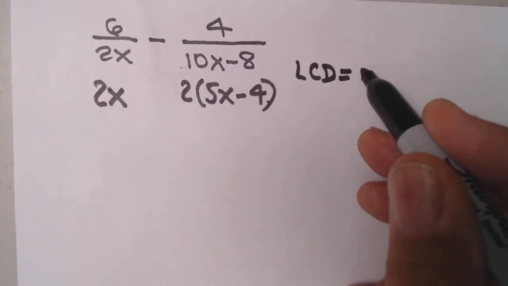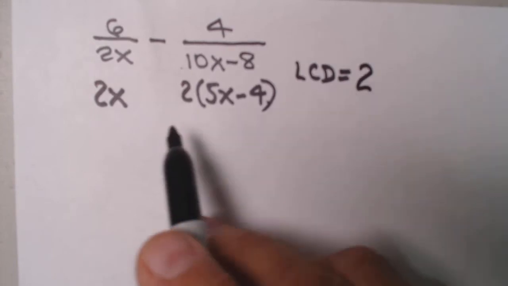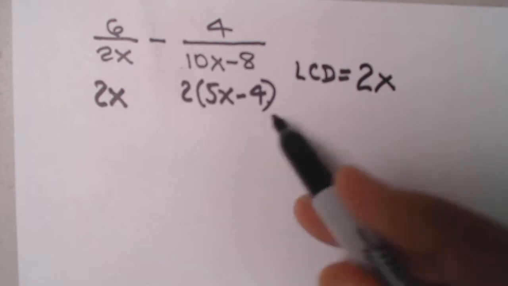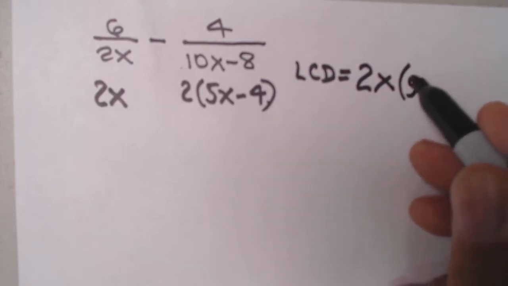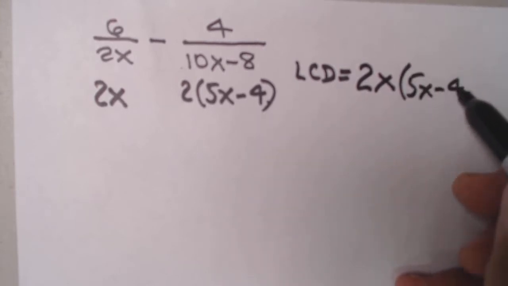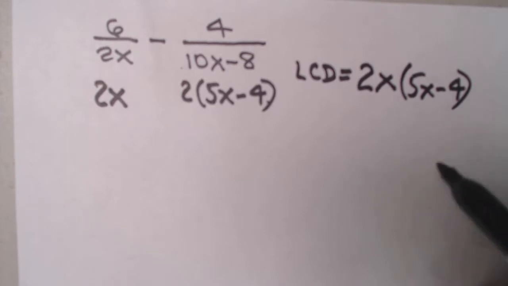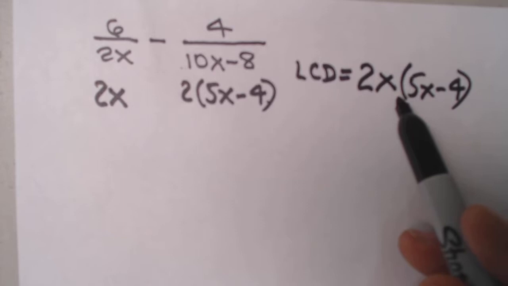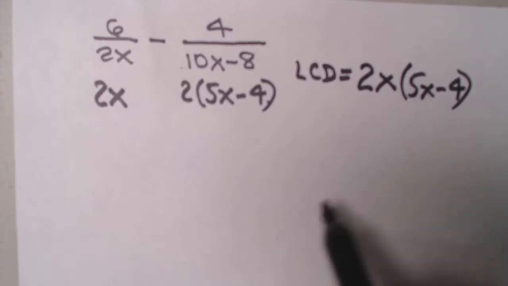Okay, so putting them back together, I have 2's, I have single x's, and I've got the quantity 5x minus 4. Now notice they're all to the first power, so there's the LCD.